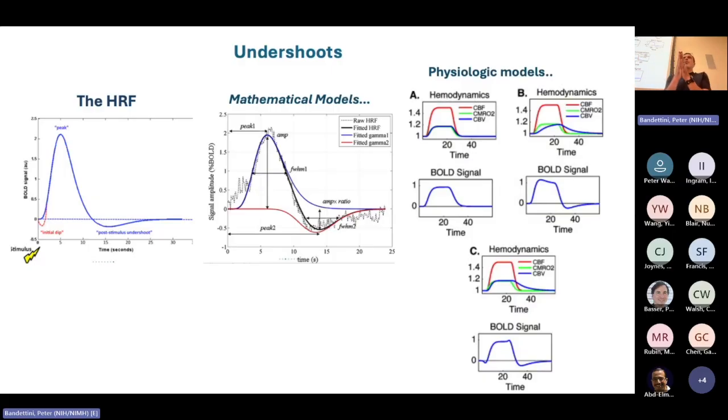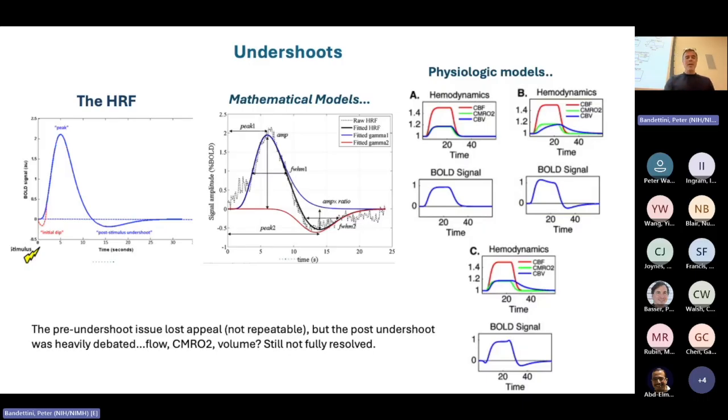If you have a perseveration of the blood volume, you can also produce a post-undershoot. And if you also have an undershoot in the flow, you can produce a post-undershoot. So there's 3 different ways of producing a post-undershoot. And so that became grist for the field to discuss and debate for a long time. And it turns out that the post-undershoot is probably a combination of either blood volume or longer metabolic rate. But it's not fully settled.